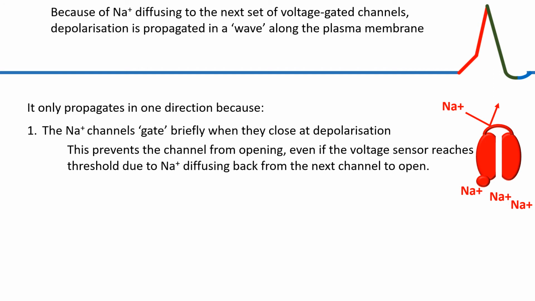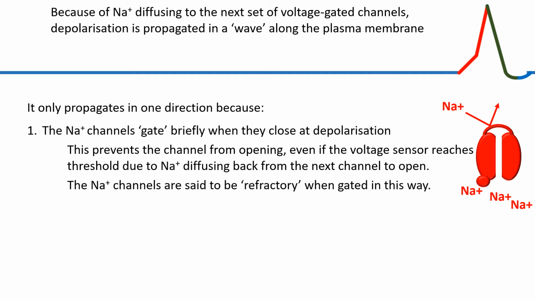So even if this channel does reach threshold and opens, it's got this little gate for a short while. It's only for a short while, just as long as it needs to be for everything to get cleared away. So it cannot reopen. This is called its refractory status. So when the sodium channels are gated so that they cannot reopen, they are refractory.